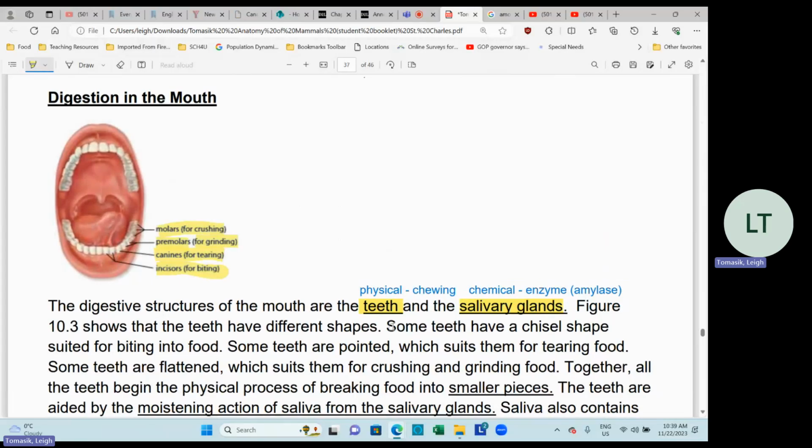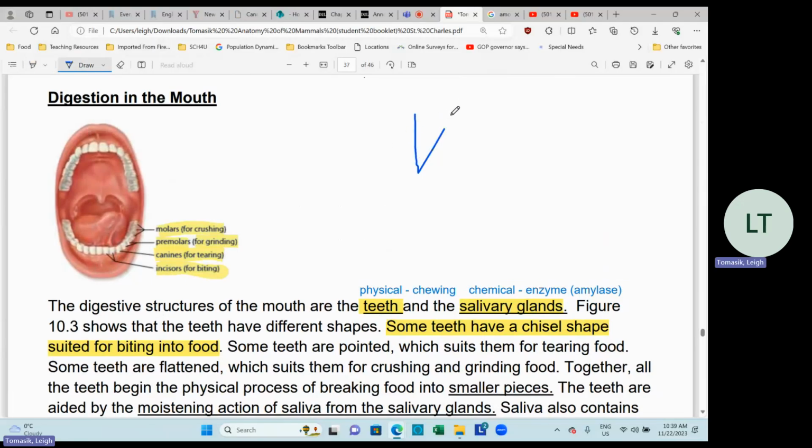So it says some teeth have a chisel shape, right? Those would be the canines and the incisors, and they're suitable for biting food. Chisel is like pointed, right? When you think of a chisel, don't laugh.